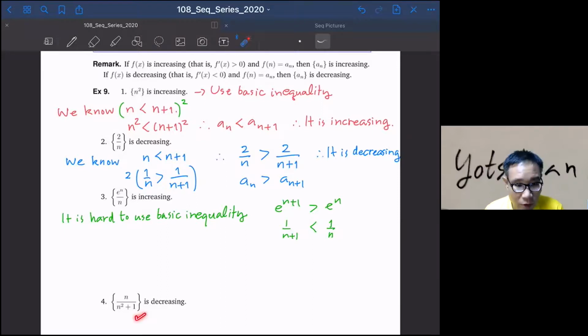Similarly, for n over n squared plus 1, this sequence is decreasing, but we cannot see it right away from the basic inequality.